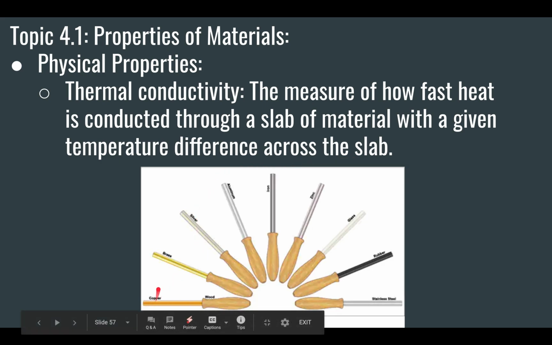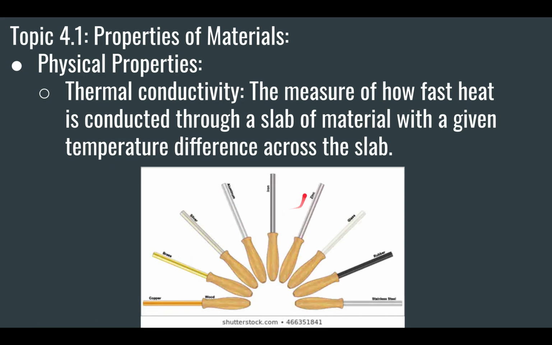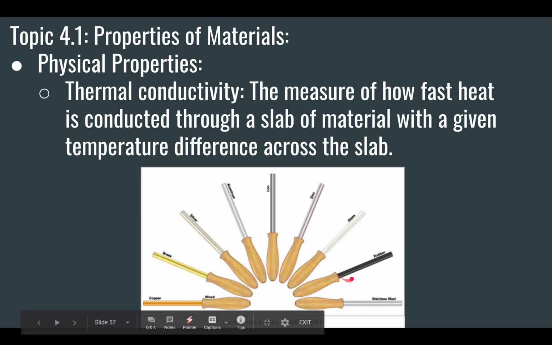For instance, you'll often see that things like these conducting rods will allow you to do some measurements on that. Notice that the handles of all of these rods are made out of wood because wood has a low thermal conductivity. It does not conduct heat very well. A metal usually does.